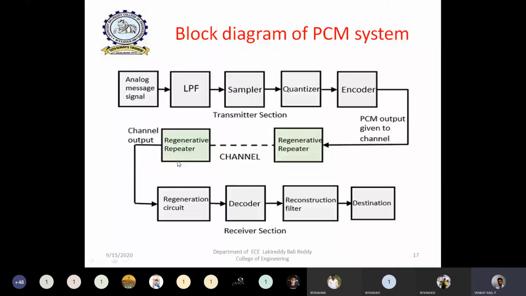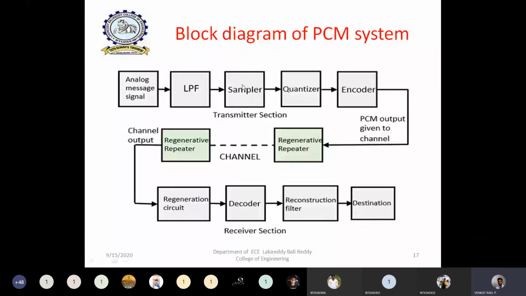Now let us observe the general block diagram of a PCM system so that it is very easy to understand what our experiment is and what part of this block we are doing in the experiment. As you know, pulse code modulation is an analog to digital conversion technique, also called a digital transmission technique.